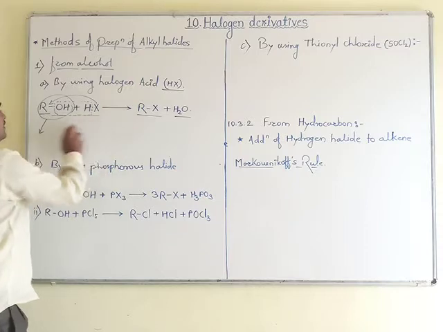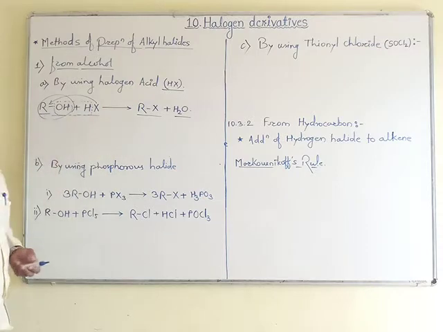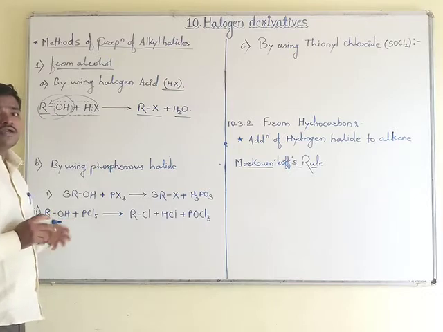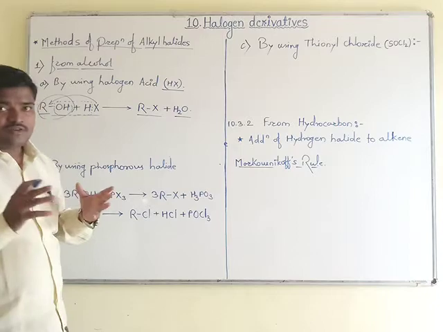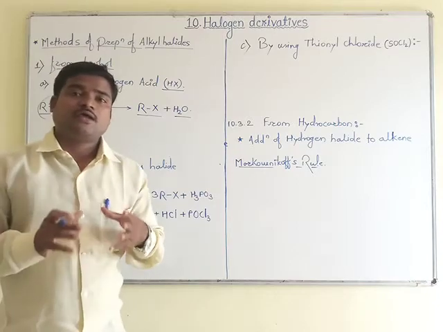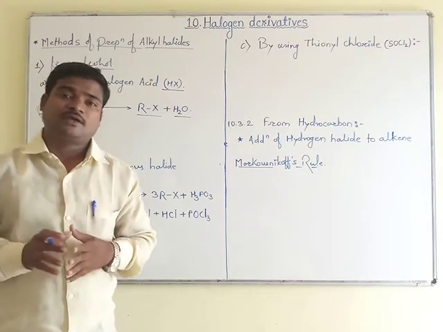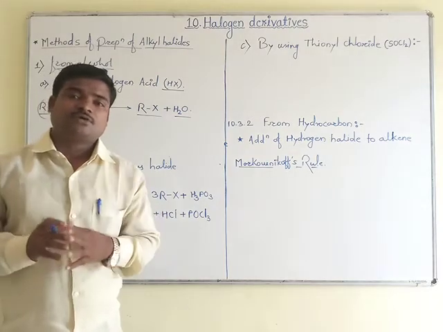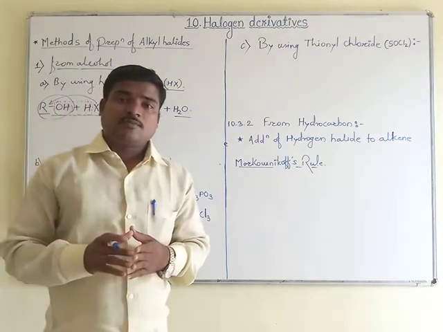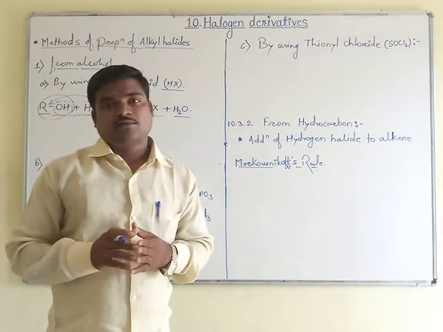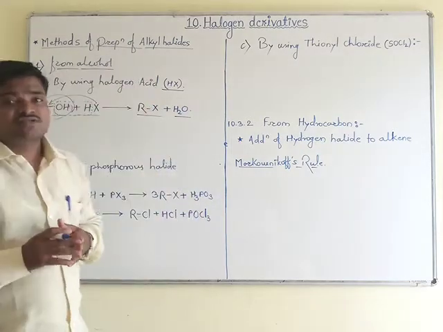And if we see the same reactions for the corresponding iodides, that is alkyl iodides. For the preparation of alkyl iodides, again in an in situ process you have to prepare HI. For the preparation of HI, you have to take either sodium iodide or potassium iodide along with H3PO4.